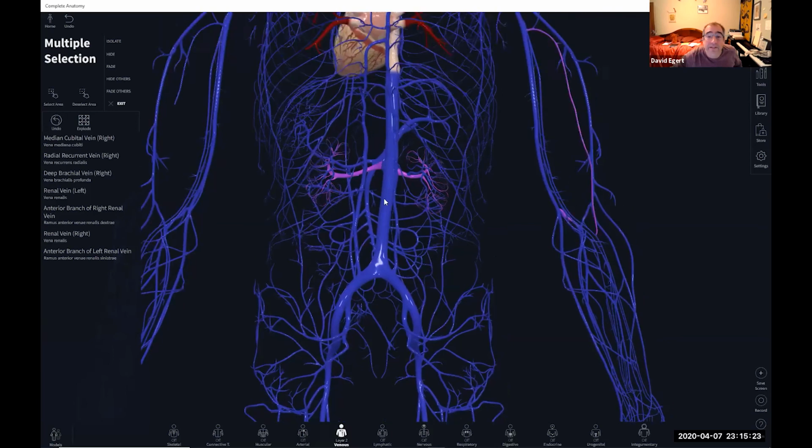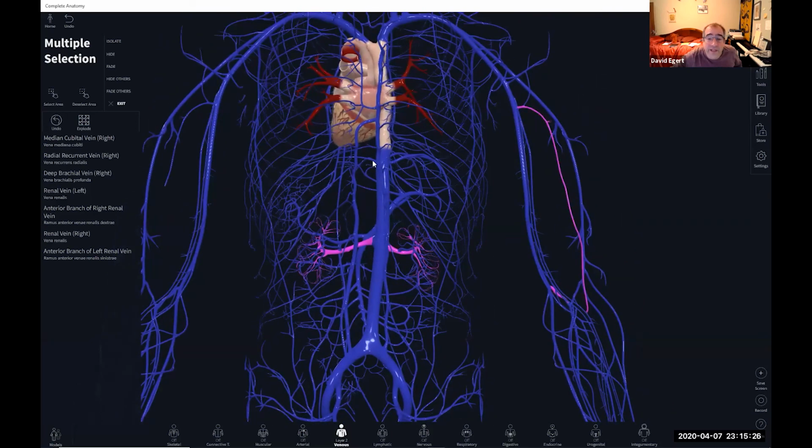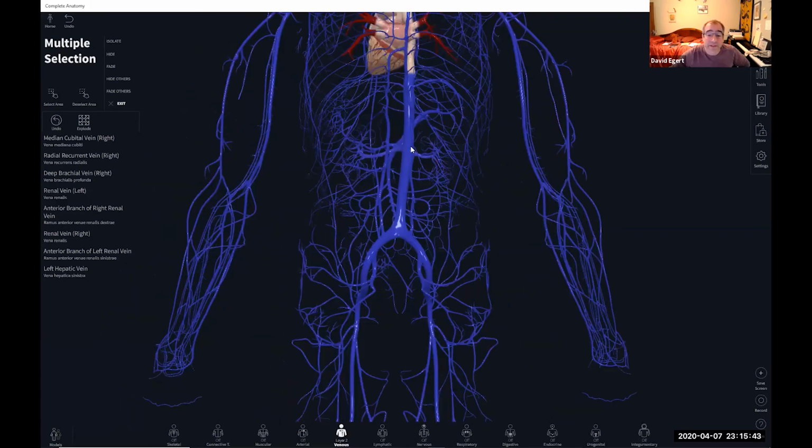And then there are the veins that are draining the liver. So there's this hepatic vein coming in from the liver. So remember that there's a hepatic vein which drains from the liver to the vena cava. And we'll come back to that in a few moments.